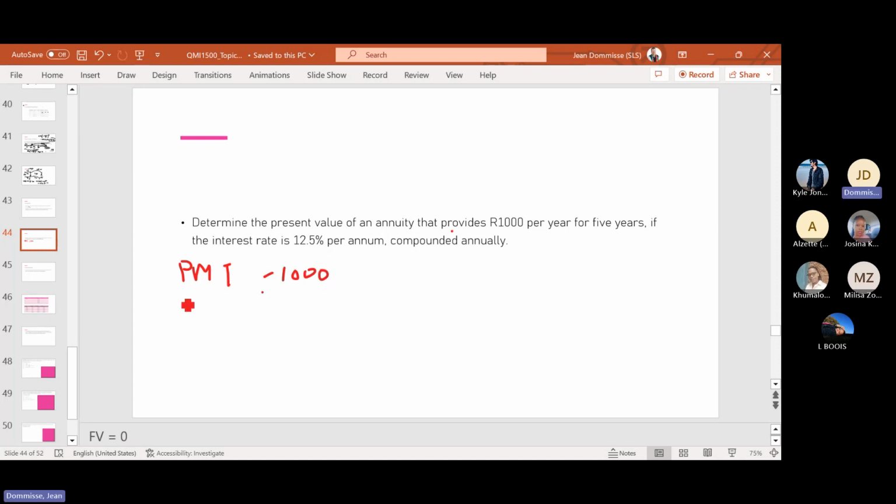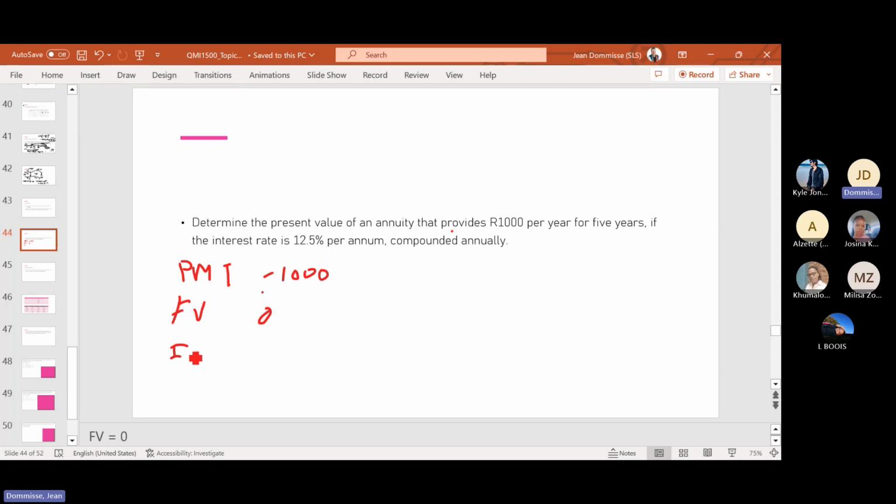What I normally do is also, I will make the future value 0. Just because sometimes if there's a few questions on the financial maths, it might be that in the memory there's still a future value of a previous question. So what I normally just do is to just make 100% sure that it doesn't remember one of my previous questions. I make the future value 0.